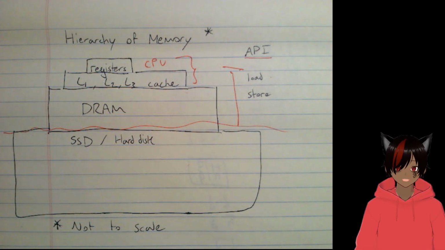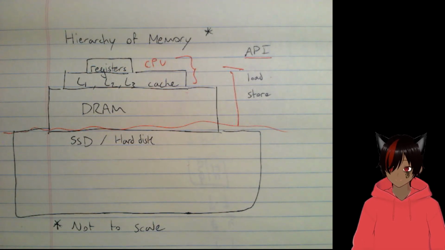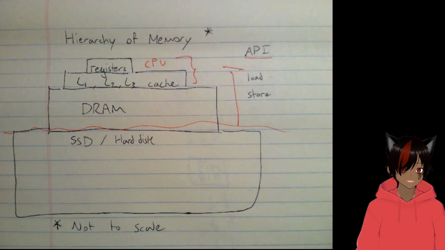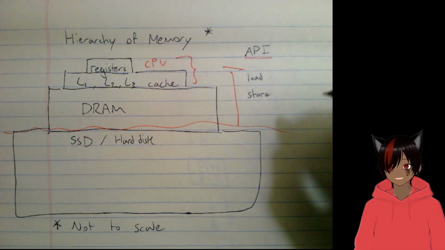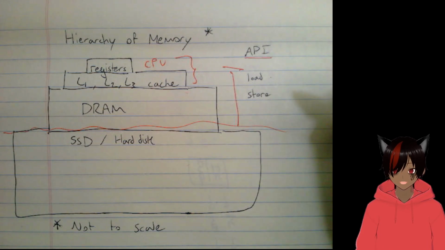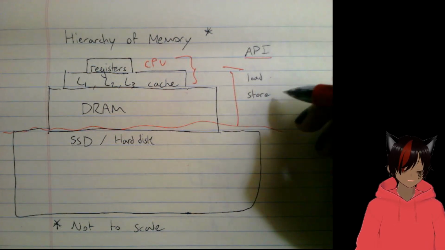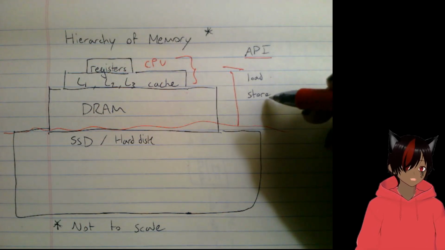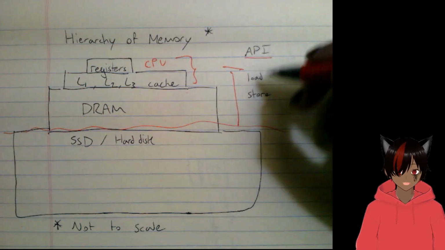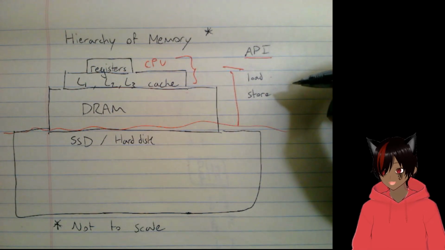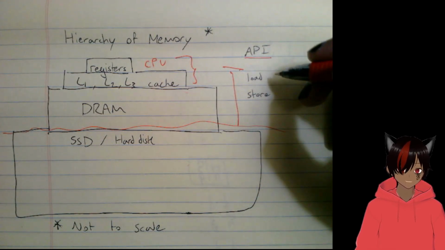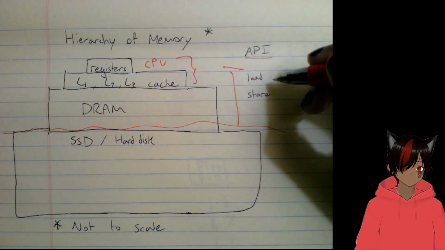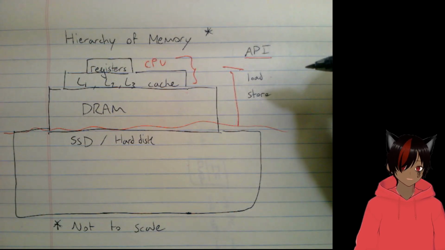So 64-bit processors will have 8-byte words, if I'm getting that correct, and 32-bit will have 4-byte words, and so on. So you say, load me this word or this byte, and it gets it from memory. And store takes something, usually in the registers, and stores it within memory. This is all programmers can do with memory. Depending on your assembly language, there are more complex things, but these are the general interfaces.